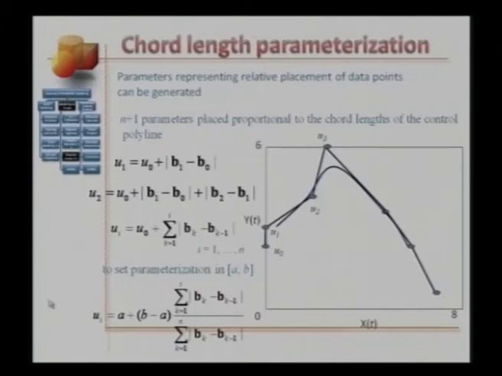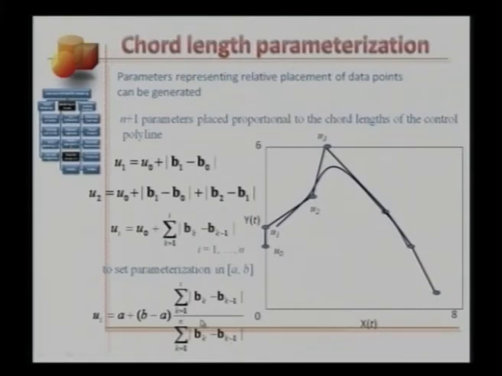We can do the scaling in this manner. u of i equals a plus (b minus a) times, in the numerator, summation k equals 1 to i of the absolute value of b_k minus b_(k-1), and in the denominator, the index k going from 1 to n in the summation of the absolute value of b_k minus b_(k-1).